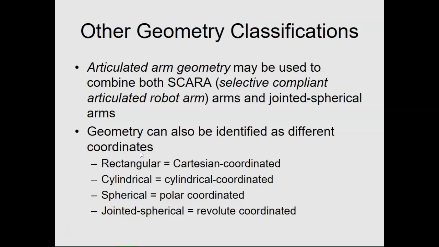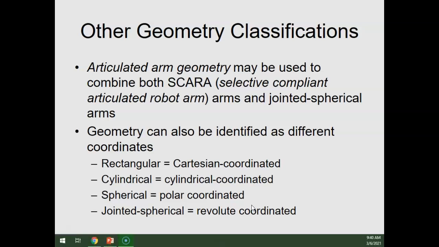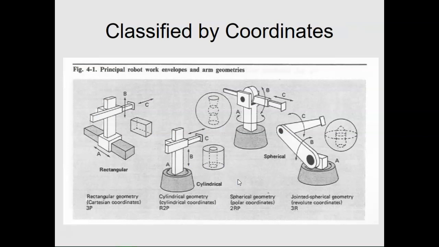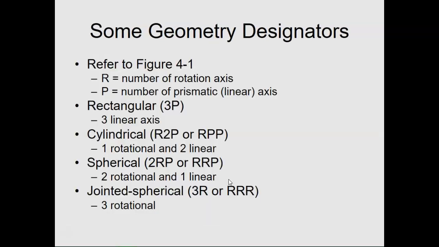And some of the other terms you should use for the geometry, you can use Cartesian for rectangular, cylindrical is cylindrical, spherical can also be called polar, and jointed spherical can be revolute, just for some other terms that they can throw out there at you. So rectangular literally moves in a rectangle, cylindrical, spherical versus jointed spherical.